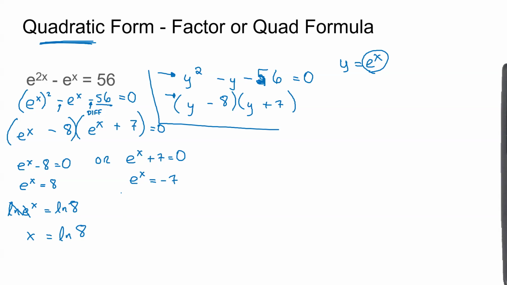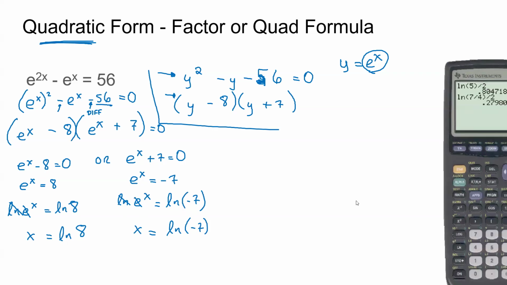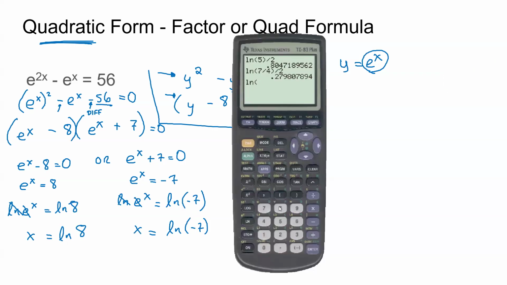Over here, I take the natural log of e to the x equals the natural log of negative 7. The natural log and the e are going to cancel out, and x equals the natural log of negative 7. The natural log of 8 is 2.079. So there's a decimal approximation for our answer.